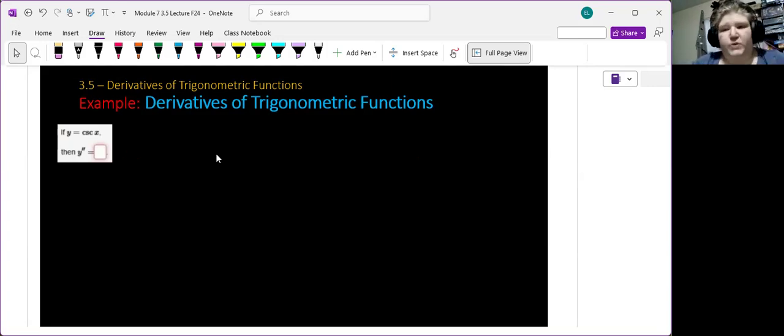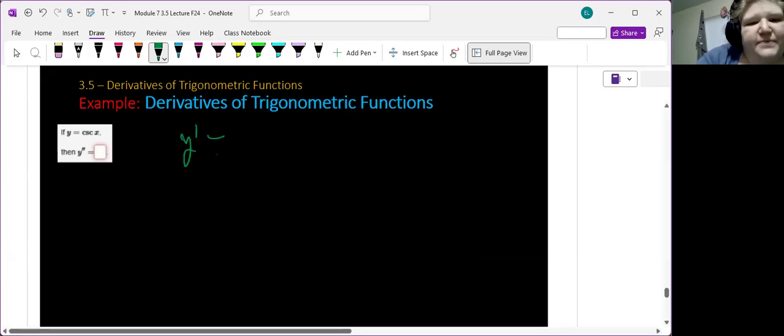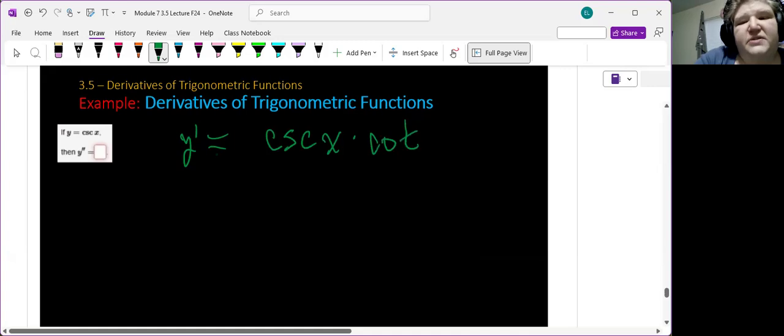So remember, cosecant is going to follow secant's pattern, but our cosecant and cotangent do everything with co, so not cosine, but with cosecant and cotangent following the tangent secant pattern. So our derivative of cosecant, sorry, will be cosecant times cotangent, but it's negative.